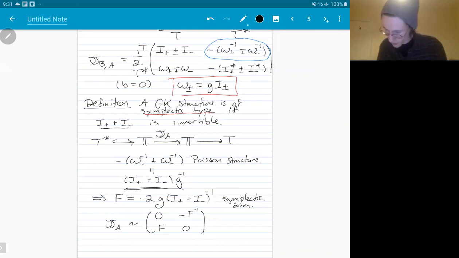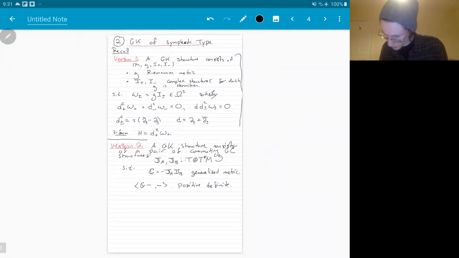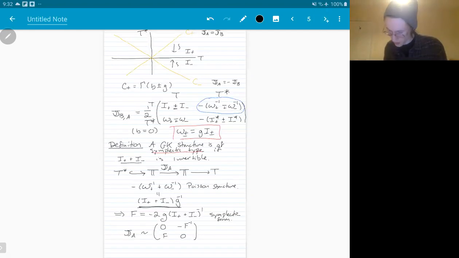So that's the reason for the terminology. A generalized Kähler structure is of symplectic type when one of the generalized complex structures is actually symplectic. But when we phrase it in terms of this bi-Hermitian picture, version 1, it translates to the condition that I plus I minus is invertible. And for what I want to talk about, this first version is actually more useful. So that's why I wanted to translate it to this form.